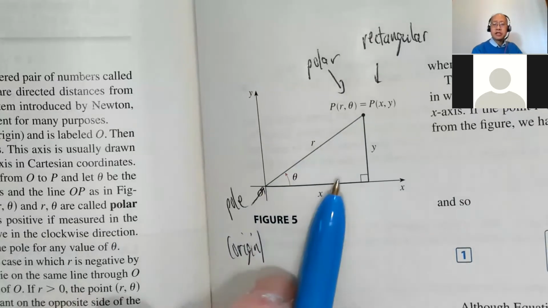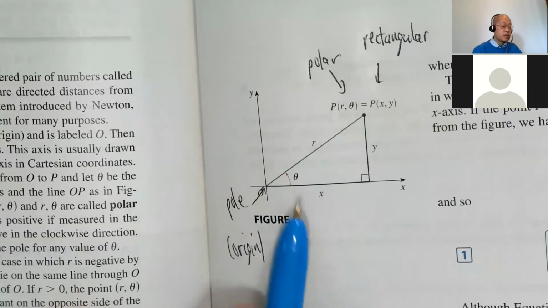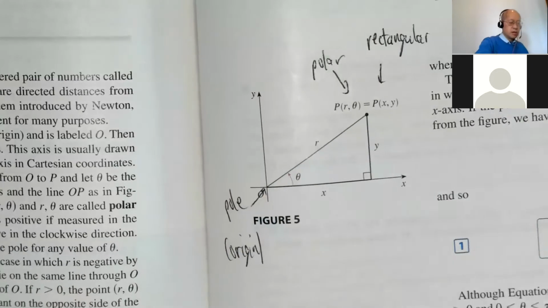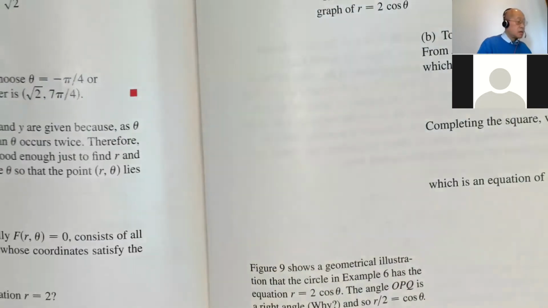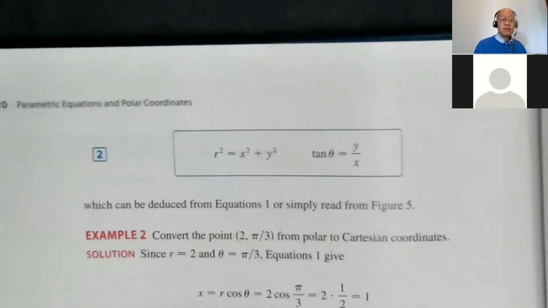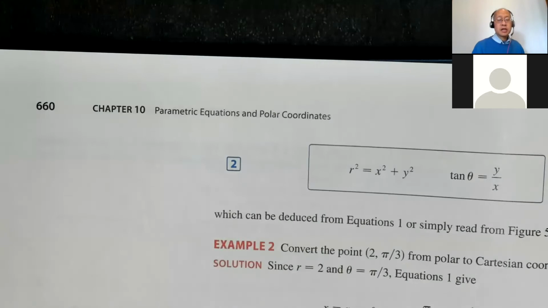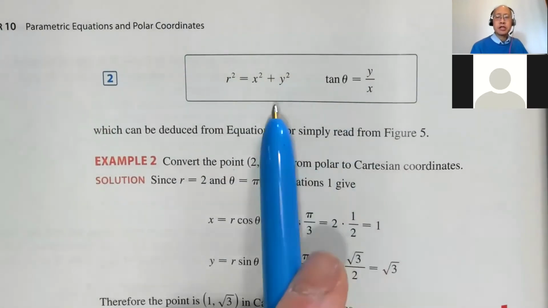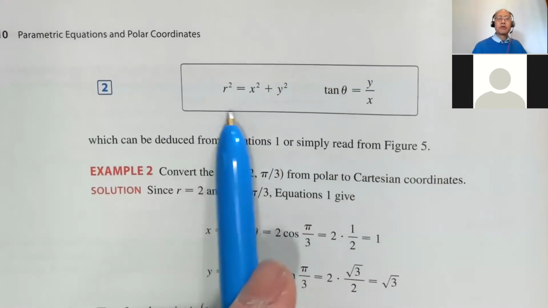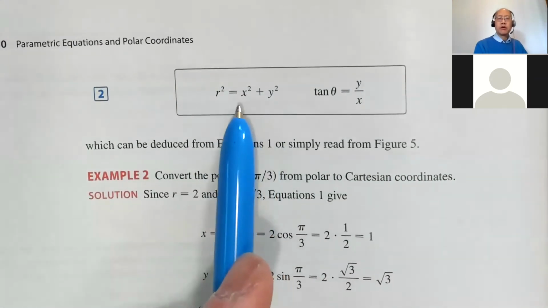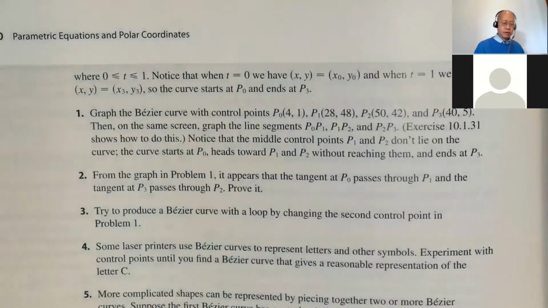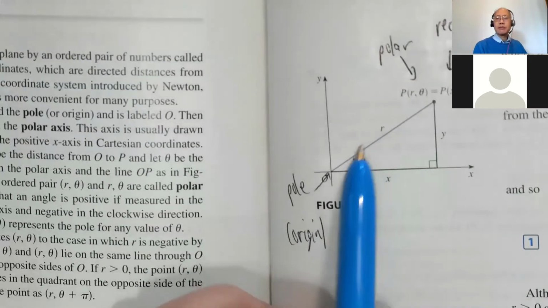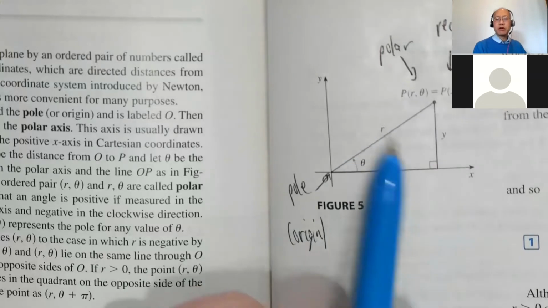All right, well, I do see some relations. There's an obvious Pythagorean relation: x squared plus y squared equals r squared. On page 660, box 2, put both of these on your next cheat sheet. r squared equals x squared plus y squared, or x squared plus y squared equals r squared. Pythagorean relation: x, y, hypotenuse.